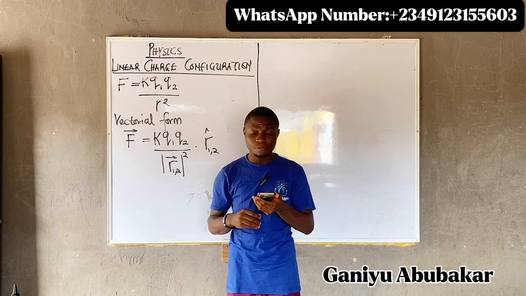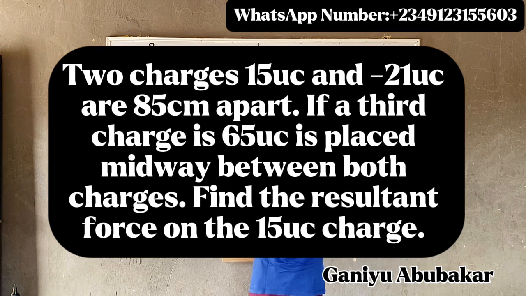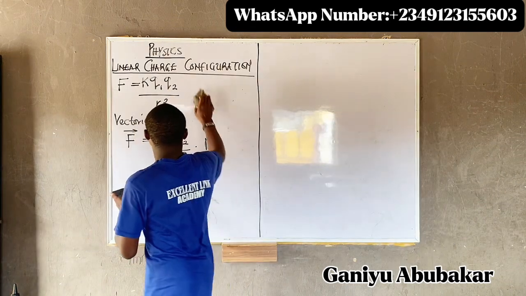Sample problem 1: two charges, 15 microcoulomb and minus 21 microcoulomb, are 85 centimeter apart. If a third charge of 65 microcoulomb is placed midway between both charges, find the resultant force on the 15 microcoulomb charge. So that's all. Let's try to solve that question.